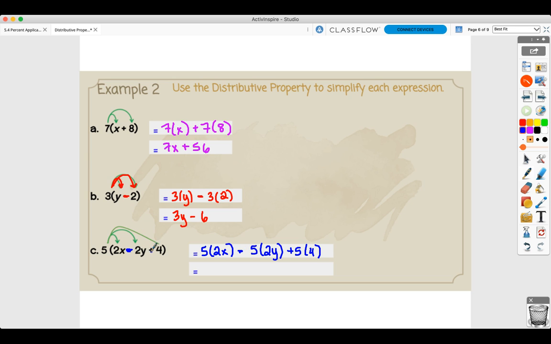I'm just taking the sign that goes in front of that term. 5 times 2x is, remember, you're multiplying the coefficient by the number, so it'll be 10x, minus 5 times 2y is 10y, and then 5 times 4 is 20.